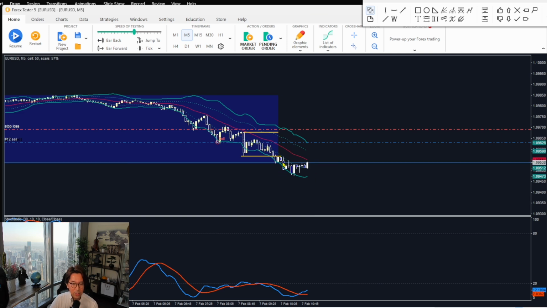Okay, now I see a new breakout, but the downtrend is now getting weaker. It's clear that the selling pressure is getting weaker because previously from here to here, the gap was this much, and also here to here, the gap was this much.